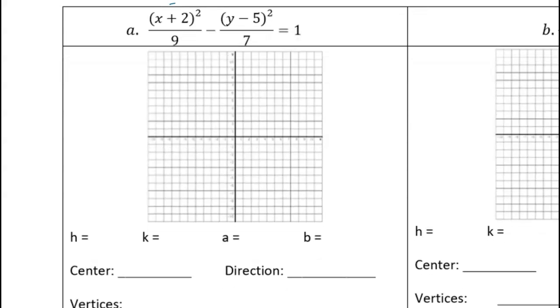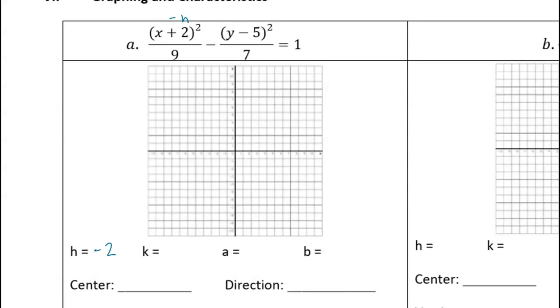So here, our h value is -2. What about our k? What's our k value? Yes, meaning our center is located at -2, 5. That's our center right there.